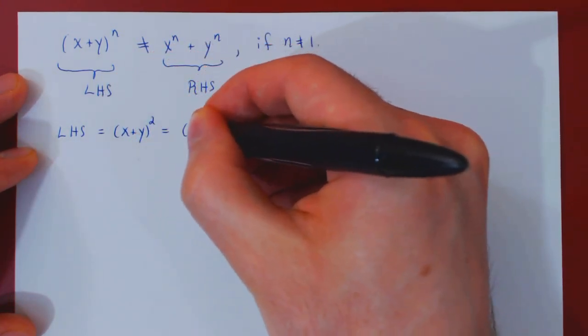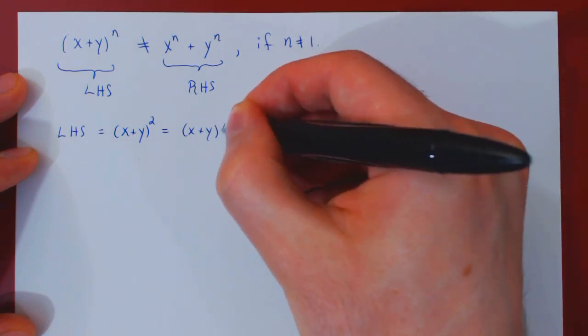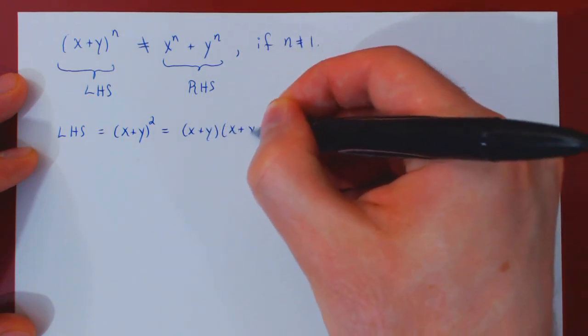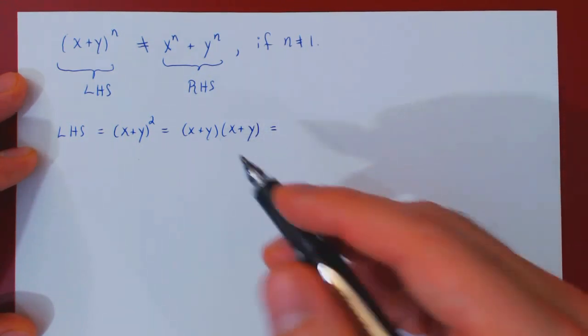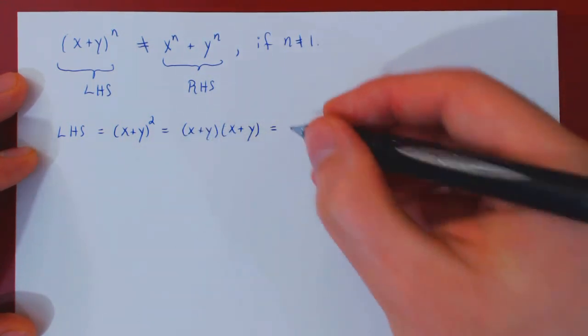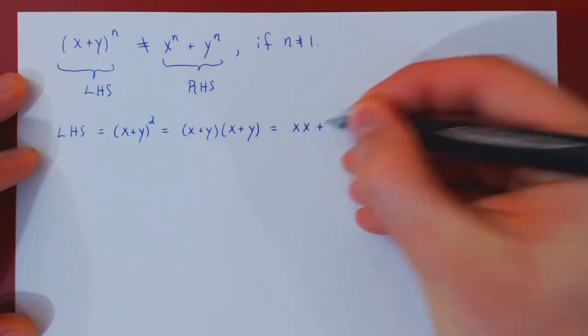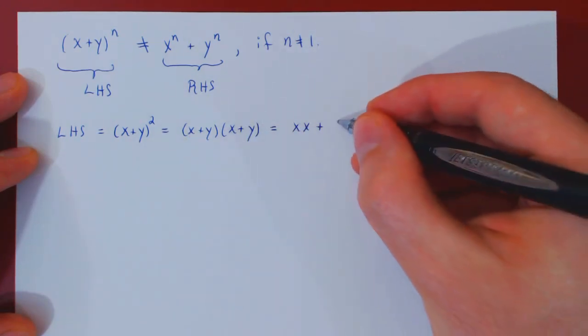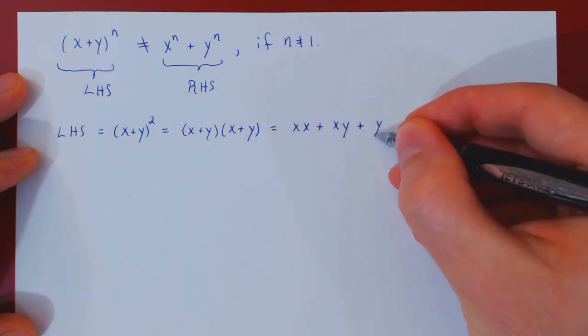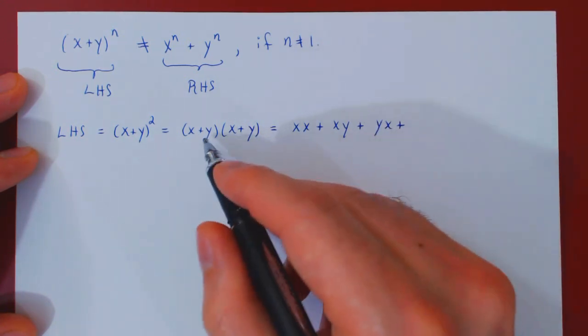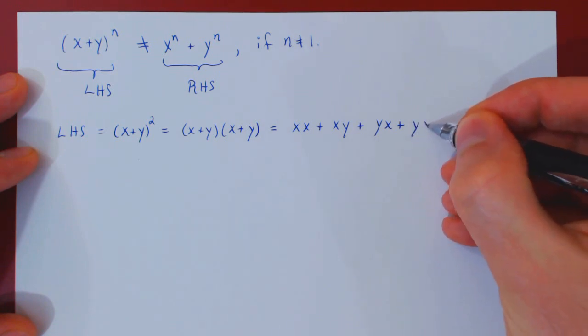which is by definition, if we expand (x + y) times (x + y), and if we multiply out, then we have cross terms, right? x times x, plus x times y, plus y times x, and finally plus y times y.